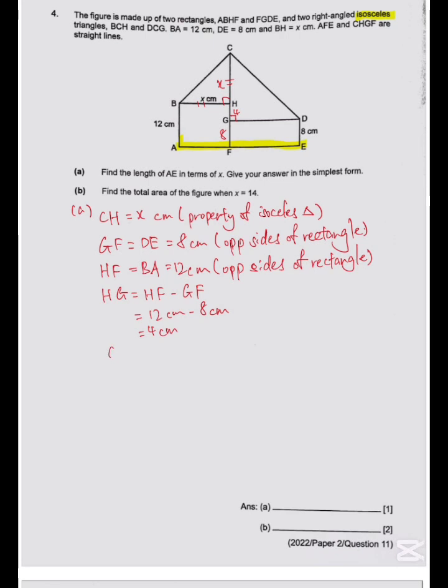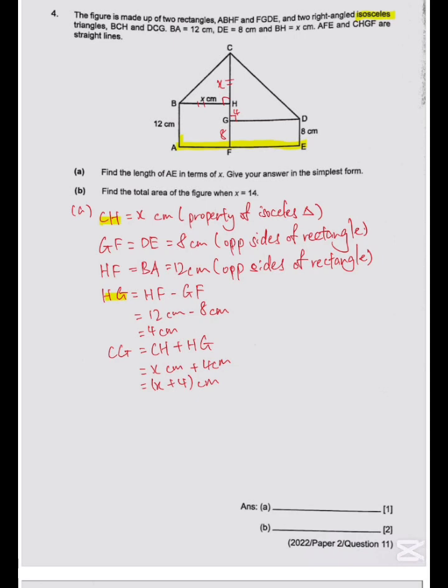So what is CG? CG will be equal to x cm plus 4 cm. Correct? CG equals to CH plus HG, right? Which is equals to, we have CH here, right? CH is here. And we have HG is here. So CH equals to x cm plus HG is 4 cm. So this gives us x plus 4 cm.